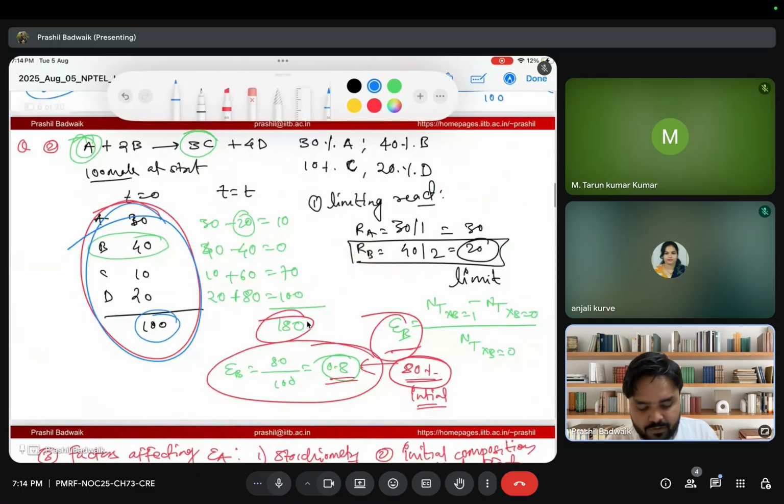So can you calculate for the first case where we had this? So epsilon A is equal to, what is YA? YA is 30 divided by 100 into what is delta n? Delta n is 3 plus 4, sum of the stoichiometric coefficients of product minus sum of the stoichiometric coefficients of reactant. So 3 plus 4 is 7, minus 3, which is equal to 4, divided by a, which is 1. So you are supposed to get this value, 3 into 4 divided by 10.